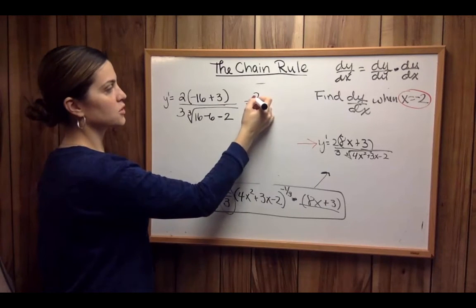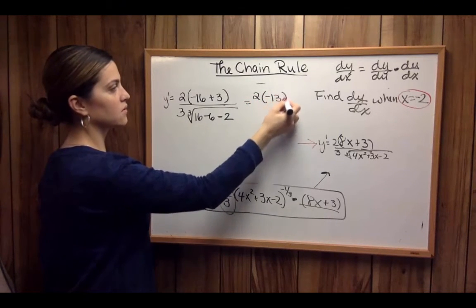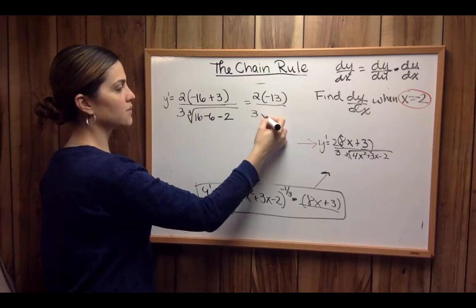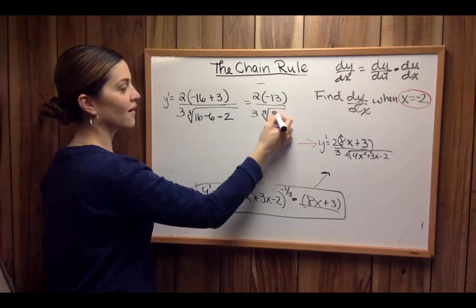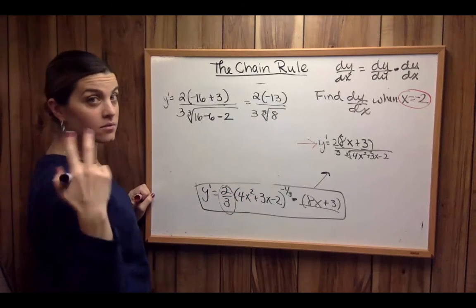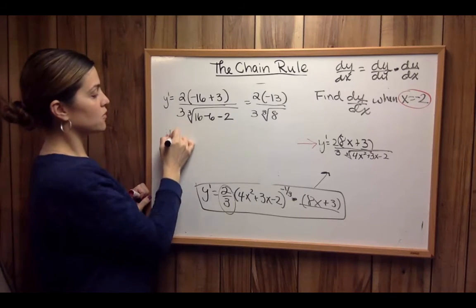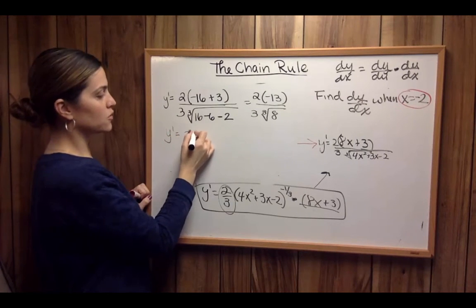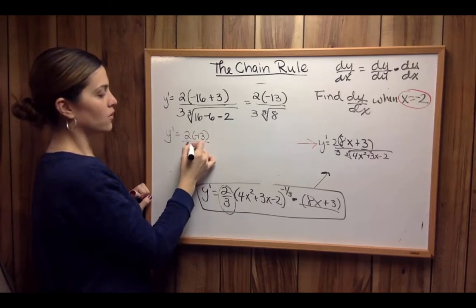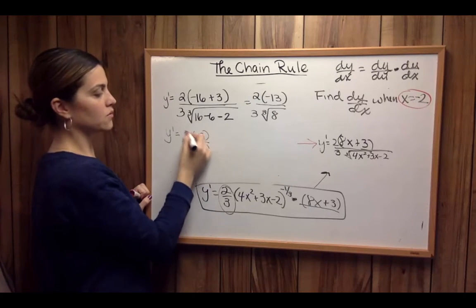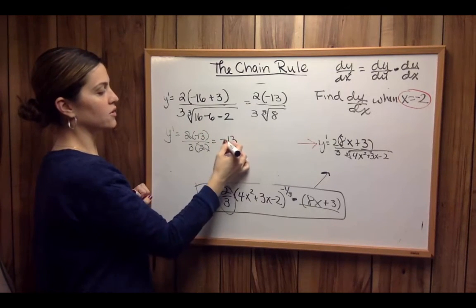This becomes 2 times negative 13 all over 3 times the cubic root of 8. Cubic root of 8 is 2. So y prime is equal to 2 times negative 13 all over 3 times 2. So your answer is negative 13 over 3.